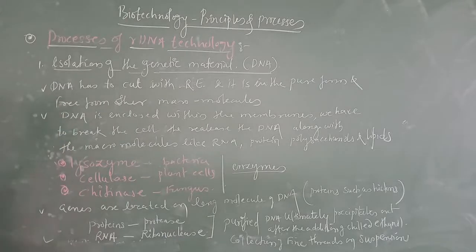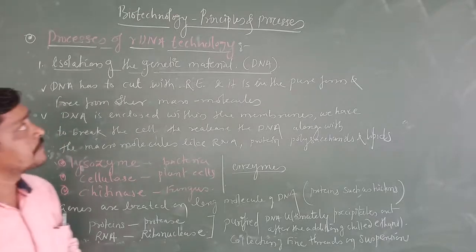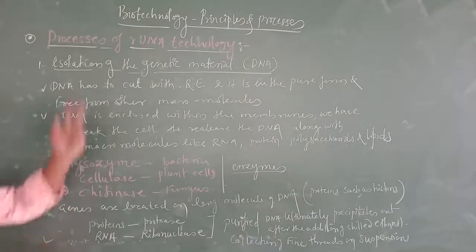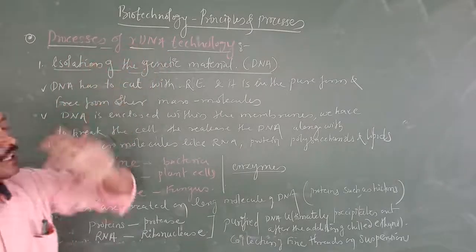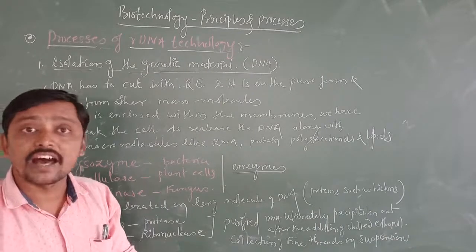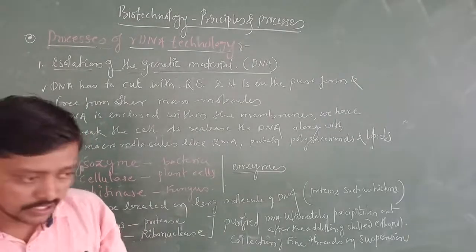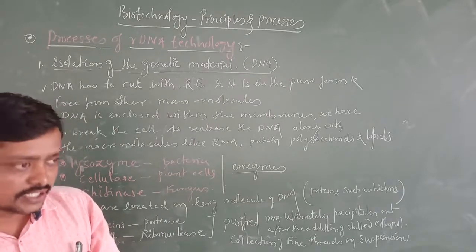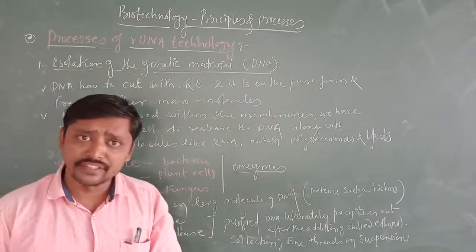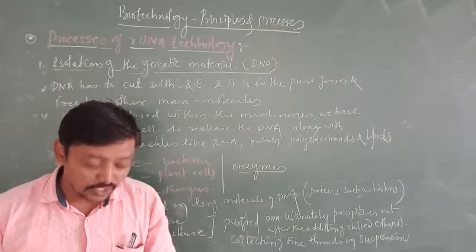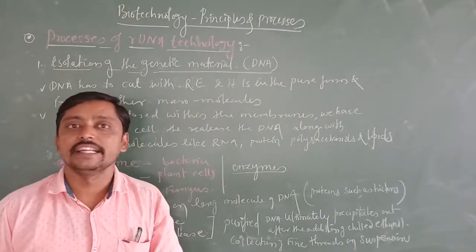Now, in today's class, under Biotechnology: Principles and Processes, we are going to discuss the processes of rDNA technology. What are the processes for rDNA technology? So far we have discussed the vectors, and what we call the tools for rDNA technology.